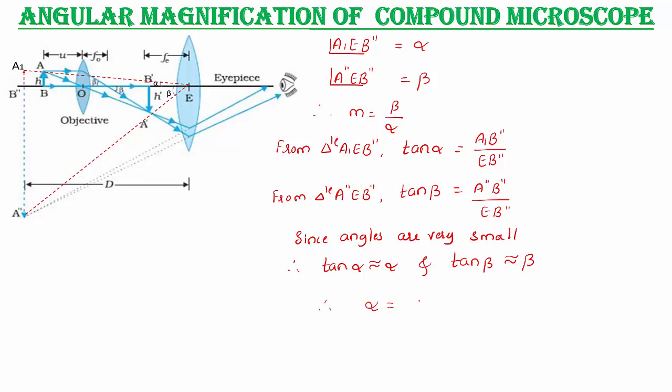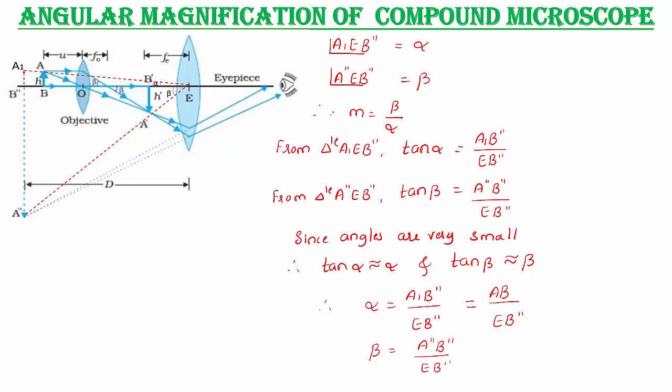Therefore, we got alpha equal to A1B double dash divided by EB double dash. Here, observe the diagram. A1B double dash is again the object, which is equal to AB. So, instead of A1B double dash, directly we can write AB divided by EB double dash. And also beta equal to A double dash B double dash divided by EB double dash.